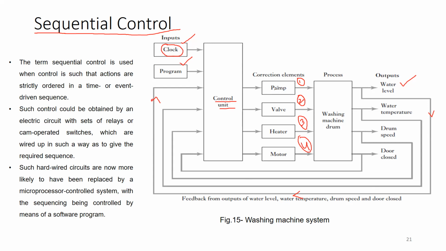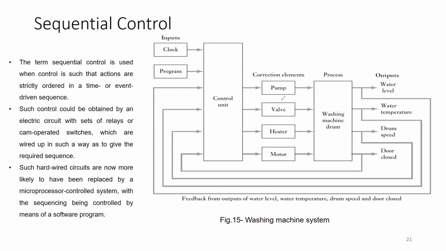That means after the pump has started, the clock will start counting the time. Okay, pump के जब 10 मिनट बाद हम चाहते हैं valve शुरू हो जाए, when 10 minutes have been clicked on the clock, then valve will automatically start. Pump is still running, but the valve has also simultaneously started. Okay, this is another way of doing the sequential control.